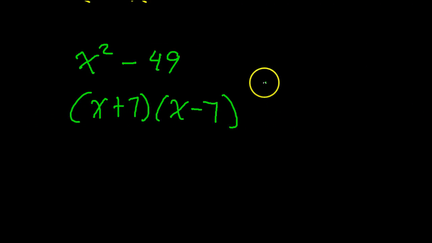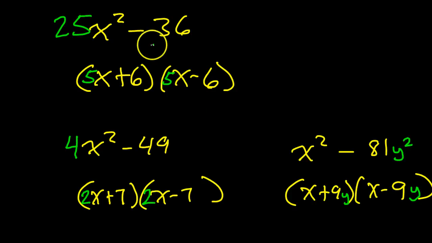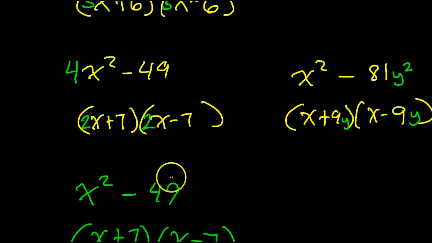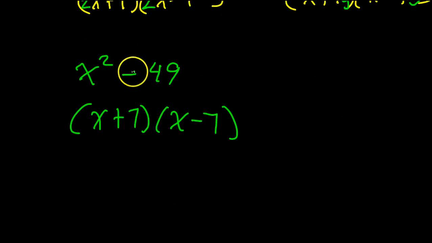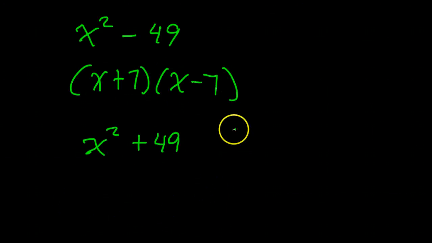But all of these problems involve the difference of two squares. Okay, that means we were subtracting. Alright, we never had one that was addition. And that's because when it's addition, like x squared plus 49, that's unfactorable, or we say prime.